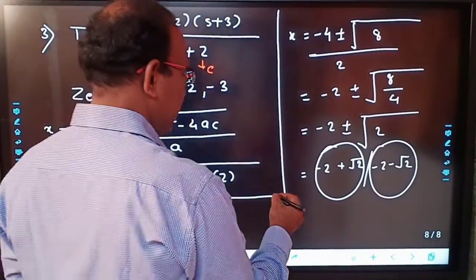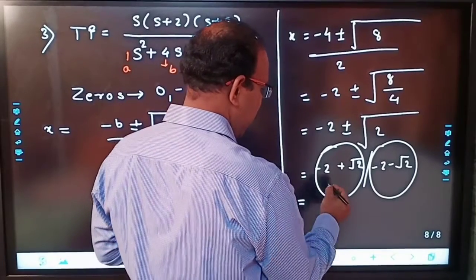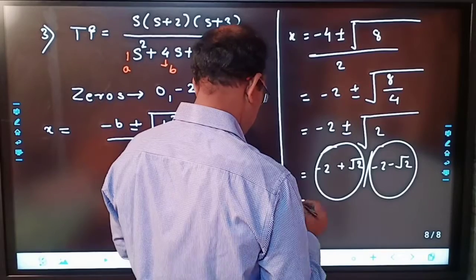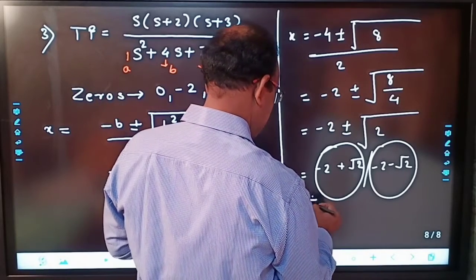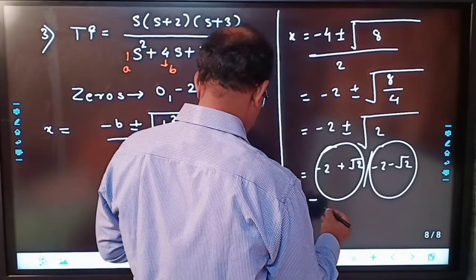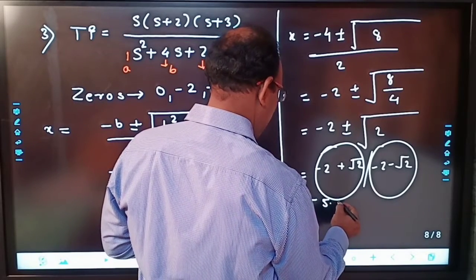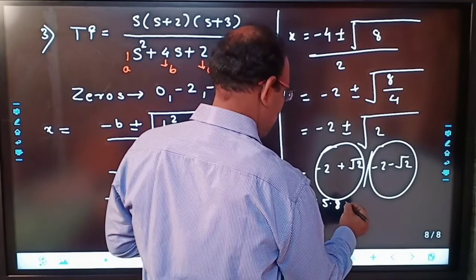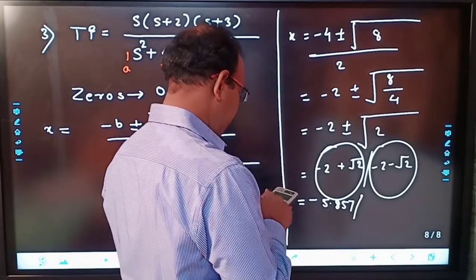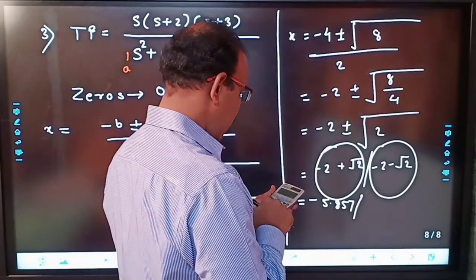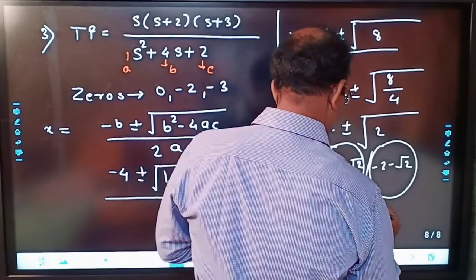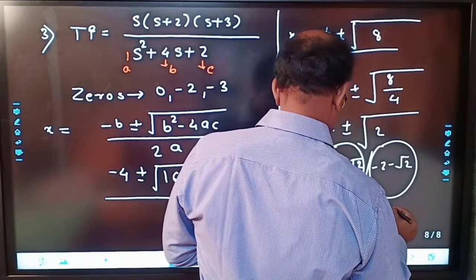So here this is equal to x1 equal to, I can write this will be minus 5.857 and another will be -2 minus 2 root, that is equal to minus 3 point.